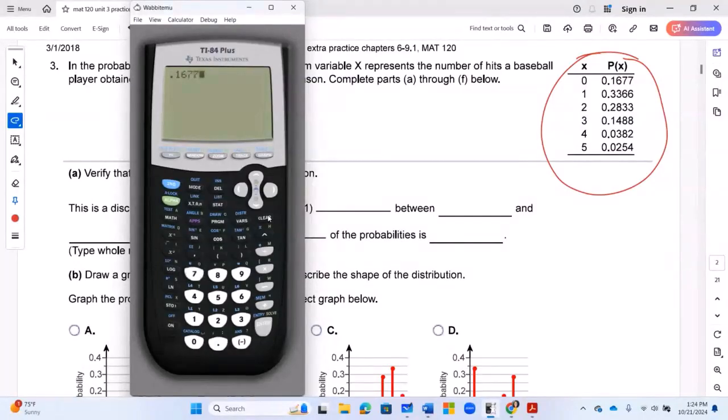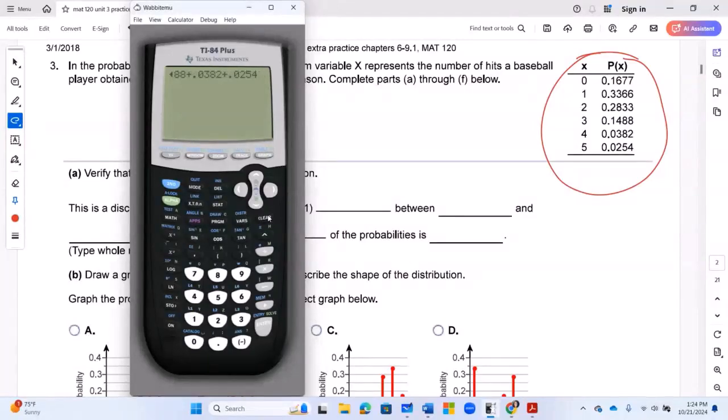0.1677 plus 0.3366 plus 0.2833 plus 0.1488 plus 0.0382 plus 0.0254.